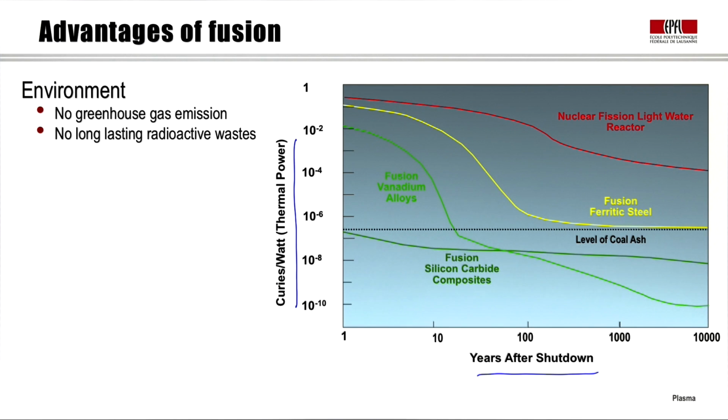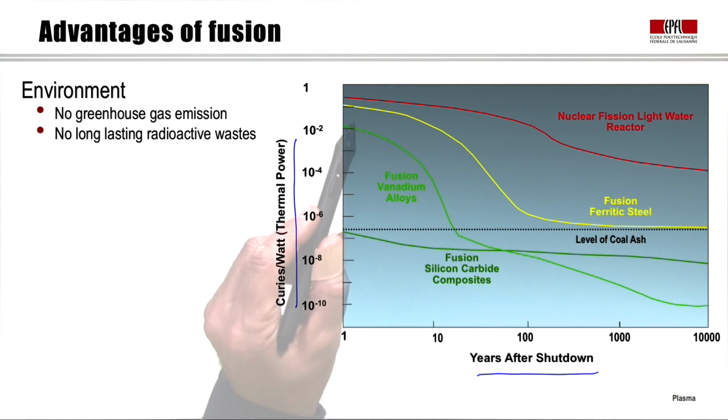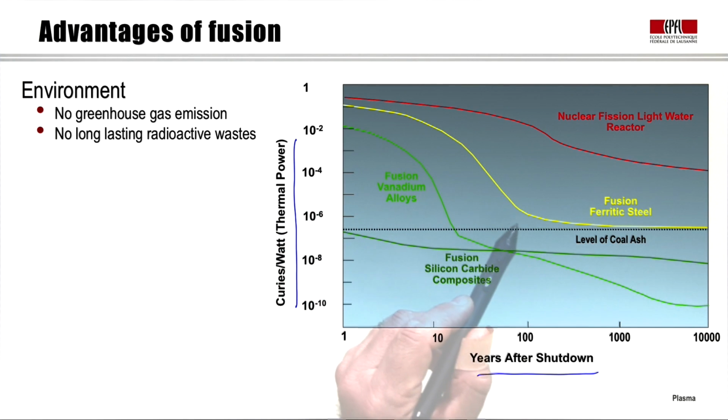The situation of fusion is very different. Even with materials that we have available today, for example, the ferritic steel, this is the yellow curve here, we go down relatively fast in this radioactivity level. We reach the level of the coal ashes, so the level at which we really don't worry anymore about the radioactivity of the plant, after tens of years as opposed to tens of thousands of years.